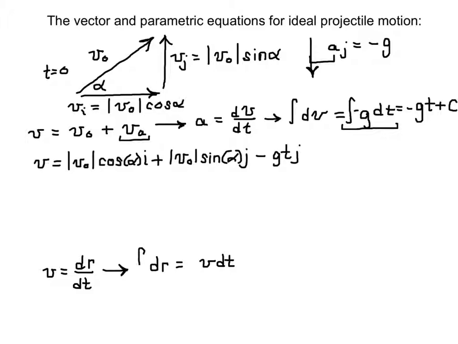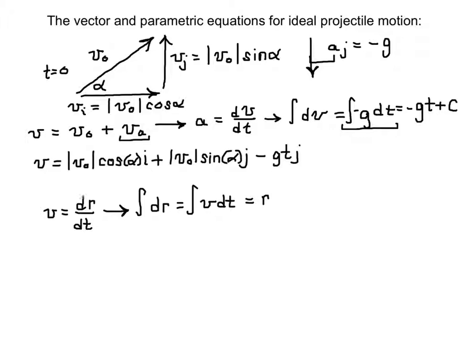And if we integrate both sides, this will tell us what our equation for distance is. So we're going to take this equation right here for velocity, put it down here, and integrate it with respect to time to find our equation for distance.